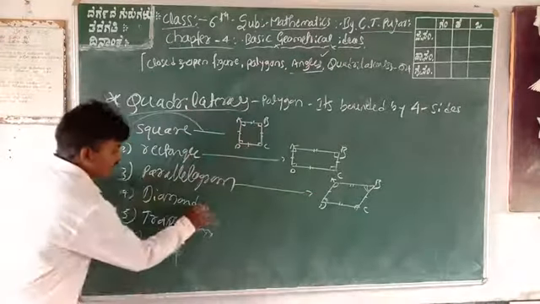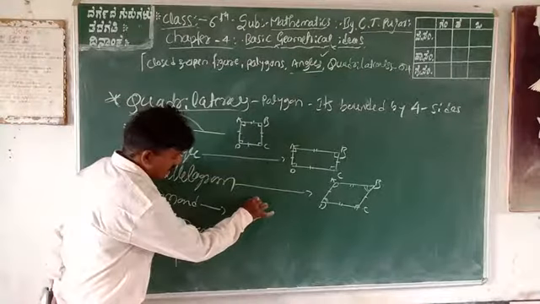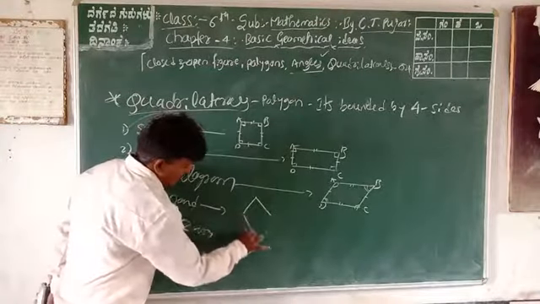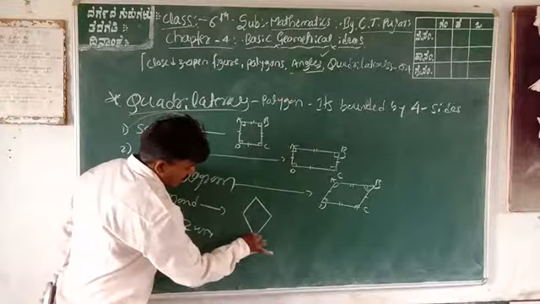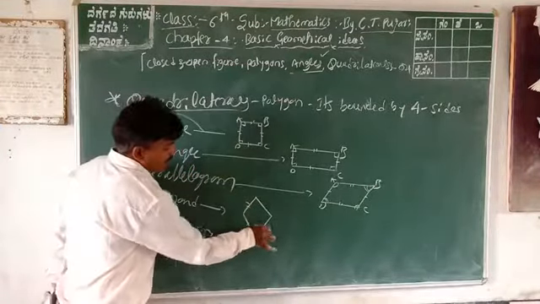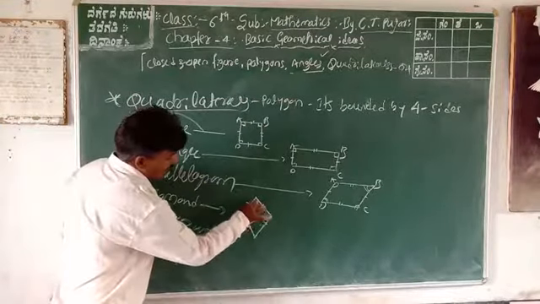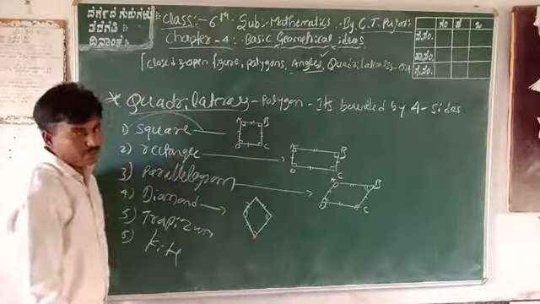What about next? Diamond, or rhombus. This is the rhombus. In the rhombus, all sides are equal, and opposite sides are parallel.